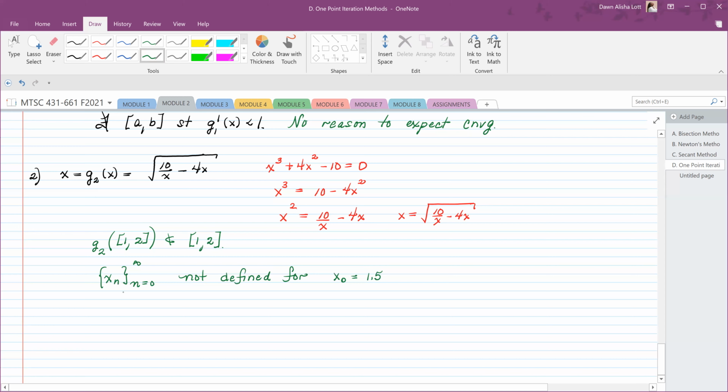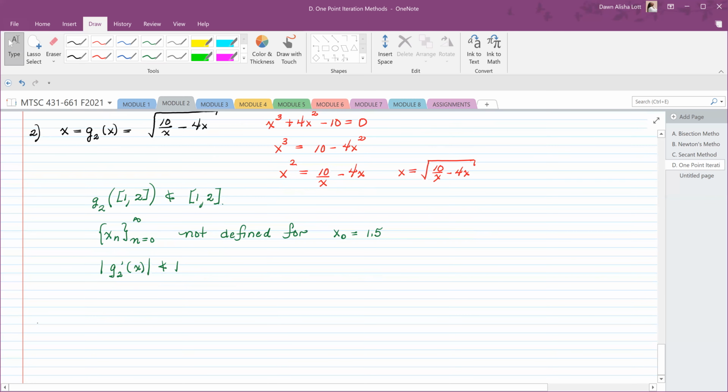And the absolute value of G2 prime of X is not less than 1. So even though I could derive that way of solving the problem, it just doesn't work for me. All right, so let's try a third way.